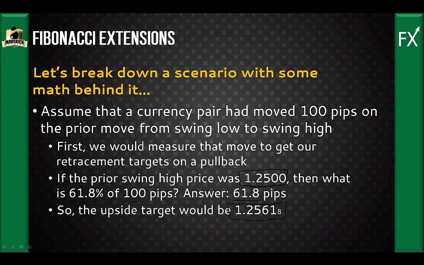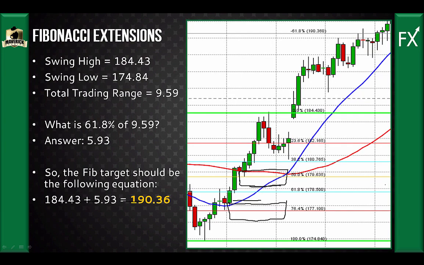One more example on the same concept with a chart. Here is a chart that shows a trading range. So we have the swing high up here, and we have the swing low down here. That's what we're measuring. The swing high gives you the number, 184.43.